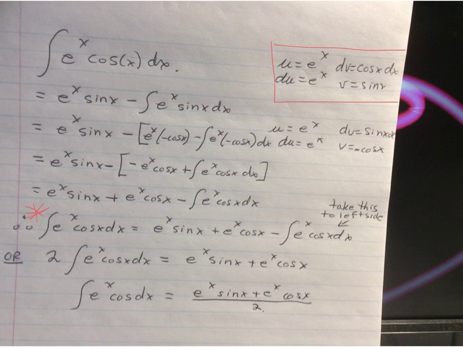Because we've got the same thing here and here, I'm going to bring this term over to the left-hand side and it will change to add. So I'll have two of them now on the left-hand side. Then if I bring that 2 over and divide it into the right side, it leaves me with the original integral equal to that all divided by 2.